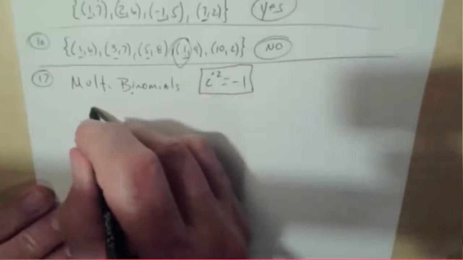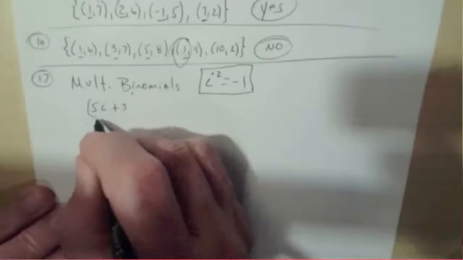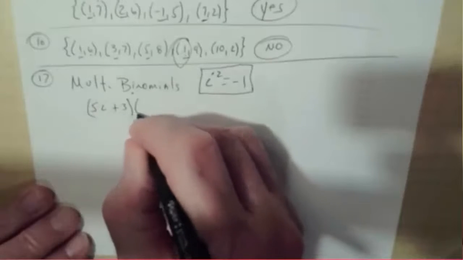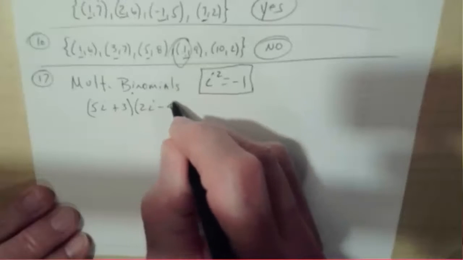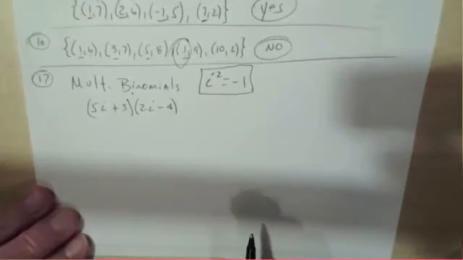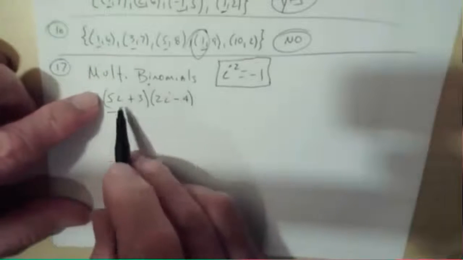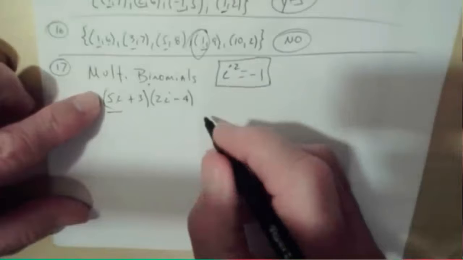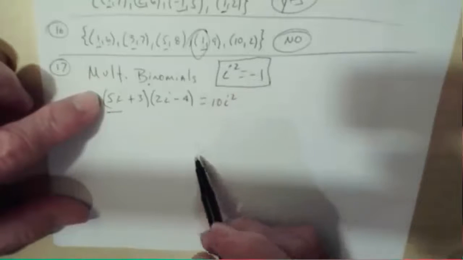(5i + 3) times (2i - 4). Okay, this is a distributive property problem. First, we take the 5i and we multiply it by everything over here. And we get 10i squared, right?